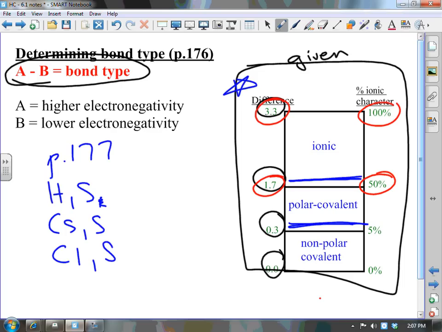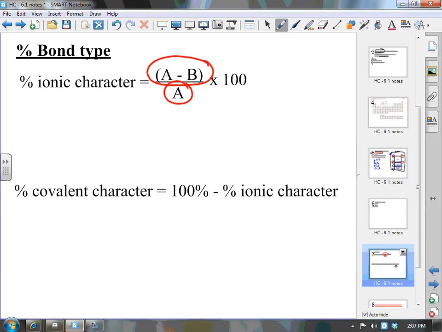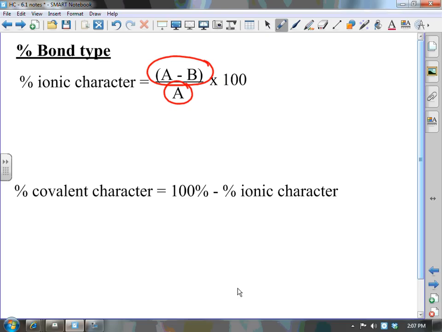Now, the percentages on this right-hand side are not accurate. You can't say 1.7 is always 50, because remember, this is just the difference. What you need to do is take the difference divided by whatever the higher value is to get an accurate percentage.